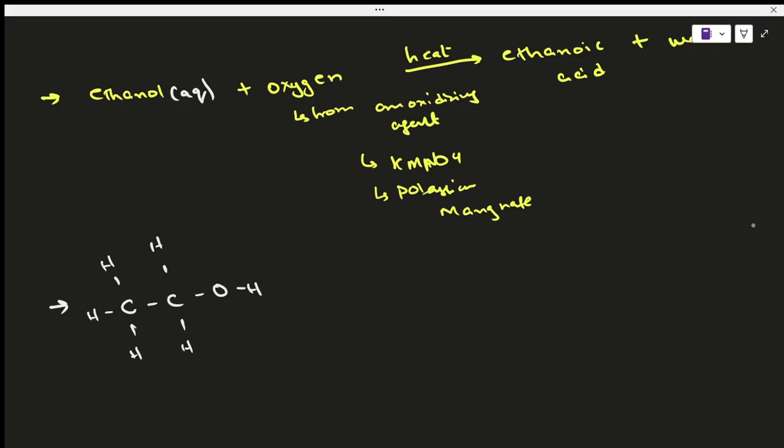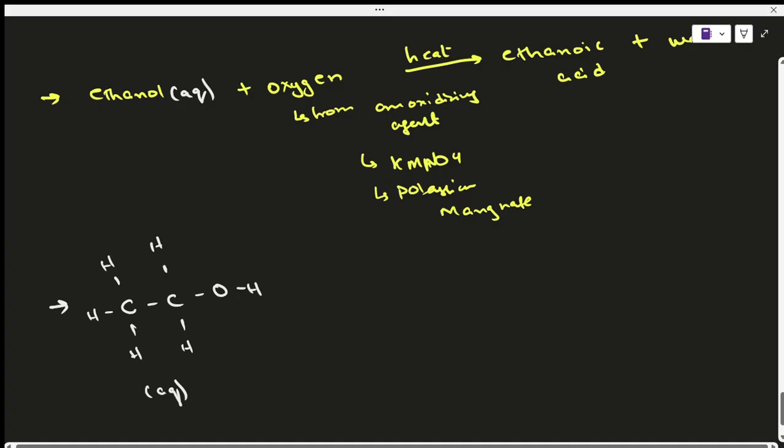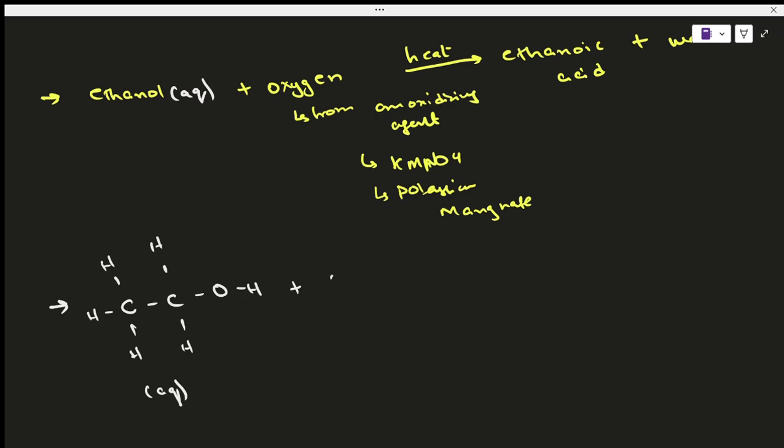You're going to have this alcohol molecule in aqueous, and you're going to react it with oxygen. The way you're going to write oxygen here is like this, and you don't need to get into the details of why you write it like this, because that detail is not part of the syllabus right now.